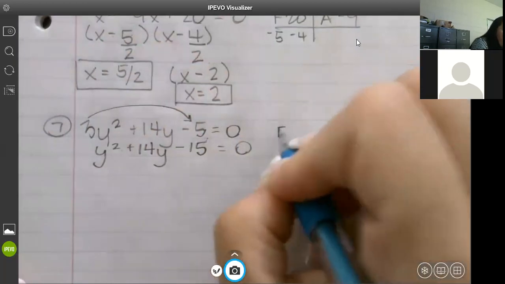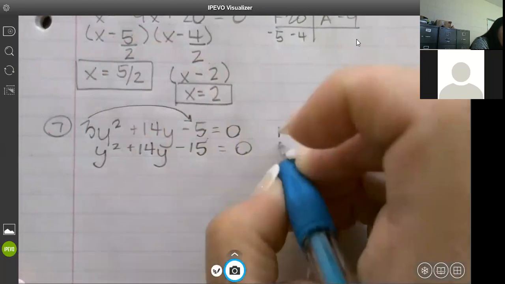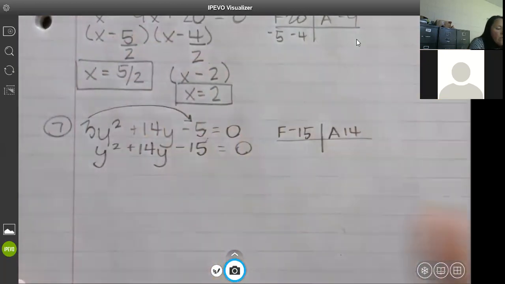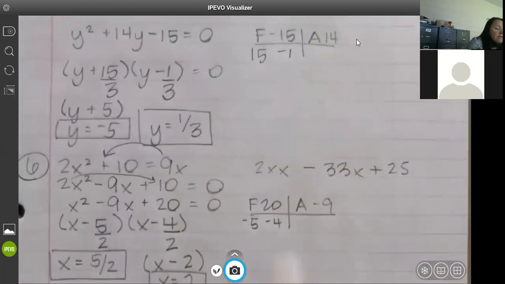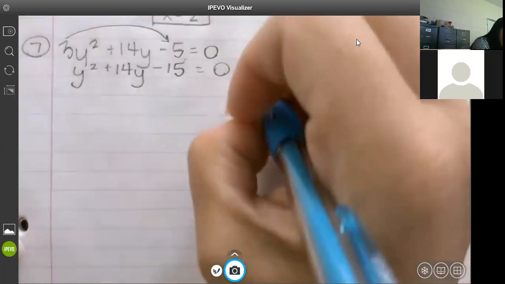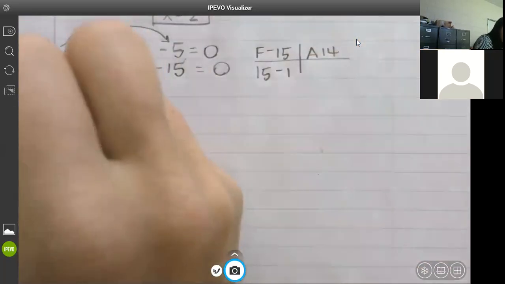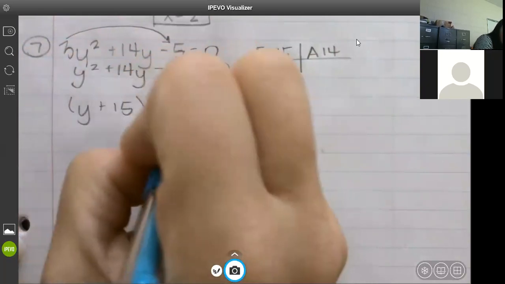It's cheater method. Factors of the last that add to the middle. We already did these one time. If you guys look, I showed you up here, negative 15 that add to 14. So those were 15 and negative 1. So y plus 15, y minus 1.